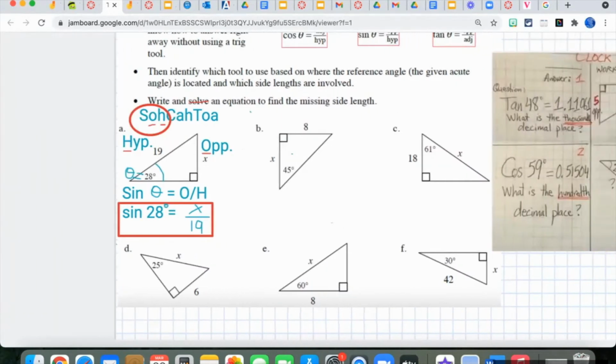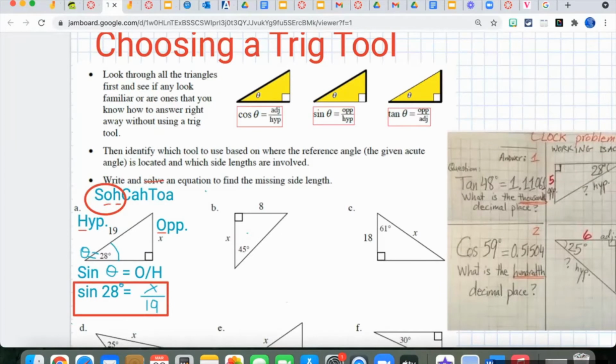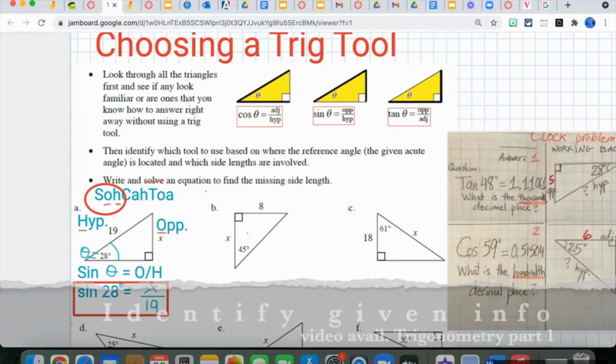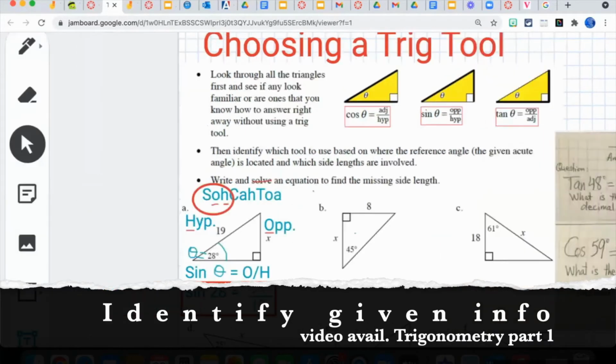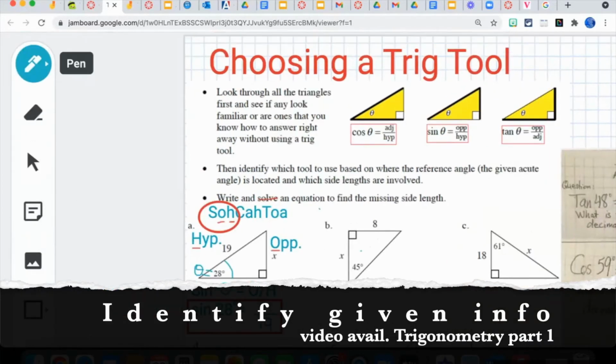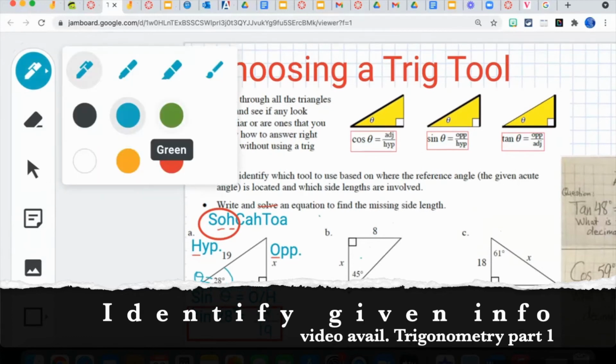I'm going to come back to choosing a trig tool, and we are working on letter B. We're given x, 8, and 45 degrees. So I'm going to go ahead and label it, and I'm going to use a different color this time. Let's go ahead and use green.